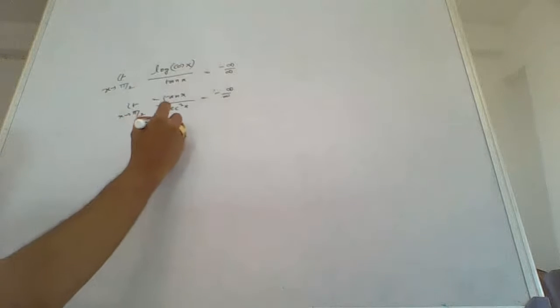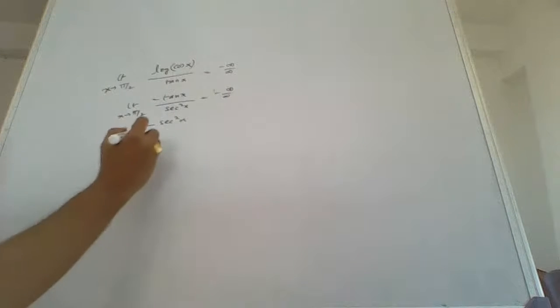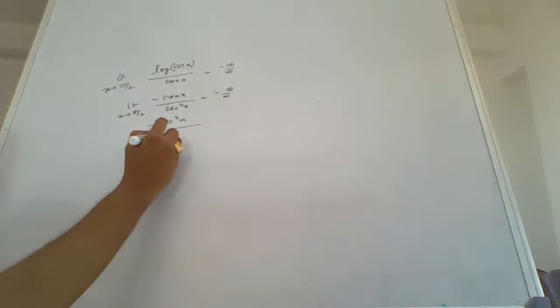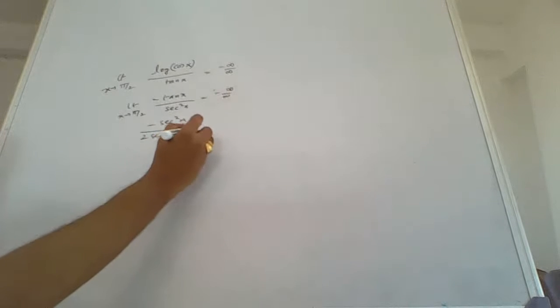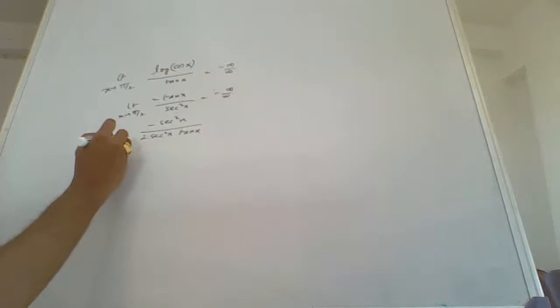Let us again differentiate with respect to x in the numerator as well as in the denominator by using L'Hopital's rule. So I get minus secant square x divided by 2 times secant square x and tan x, limit as x tends to pi by 2.